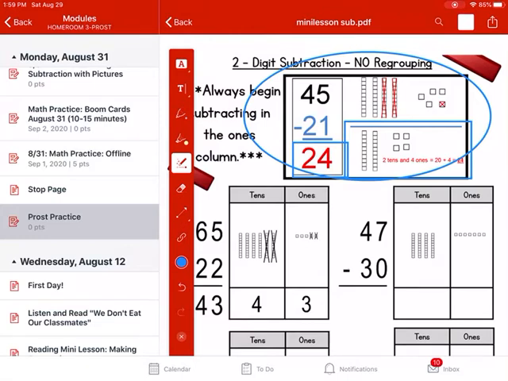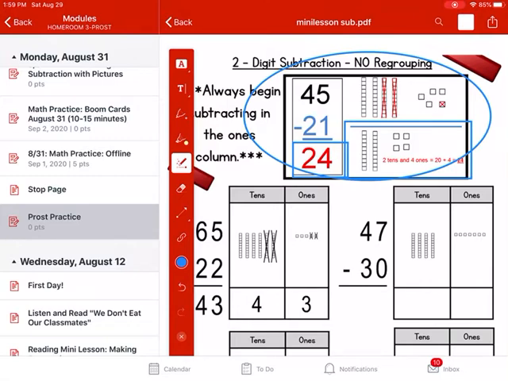Let's take a look at the first problem on the left that has been done for us. 65 minus 22. So the first thing to do is draw the tens and the ones of 65, the bigger number. So they've drawn 6 tens for us and 5 ones.